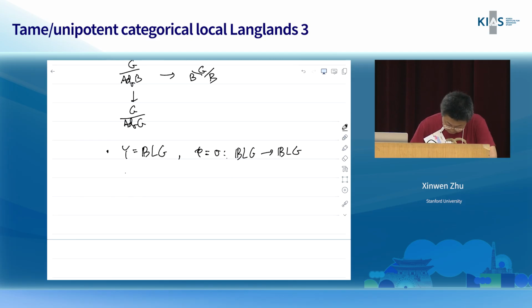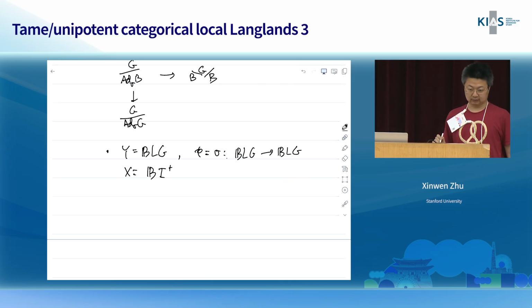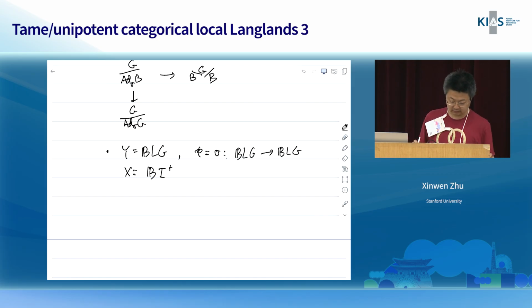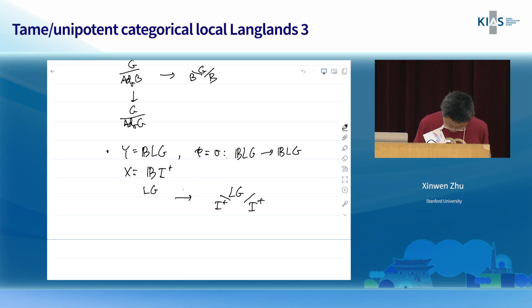Then I will take X to be B of I plus, the appropriate unipotent radical of Iwahori. And then if you do this, you get just what I wrote yesterday, this horizontal diagram for the loop group. It looks like this. This is my delta.